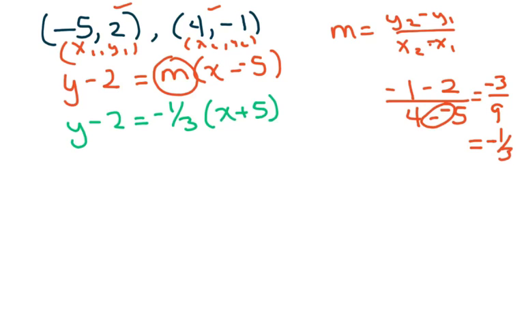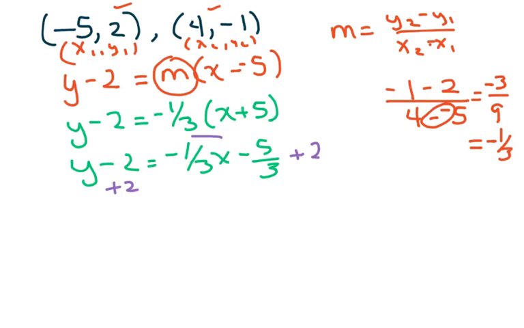We're going to put this in standard form, and I'm going to distribute this through, and I'm going to get y minus 2 equals negative 1/3 x minus 5/3. And I'm going to have to add 2 to both sides. When I add the 2 here, I'm going to go ahead and move this guy over.